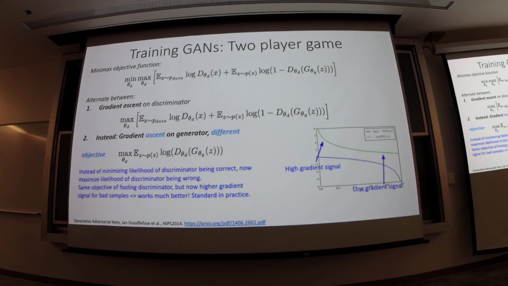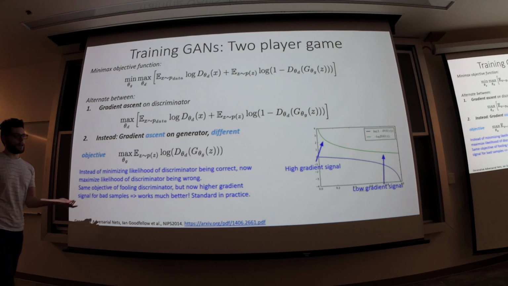So instead of minimizing the likelihood of the discriminator being correct, now we want to maximize the likelihood of the discriminator being wrong. It's simply a change in philosophy, but in the end, it will be the same.